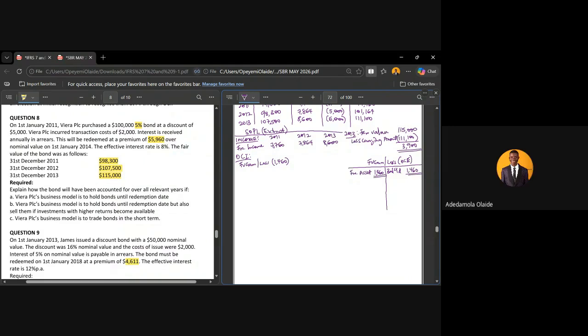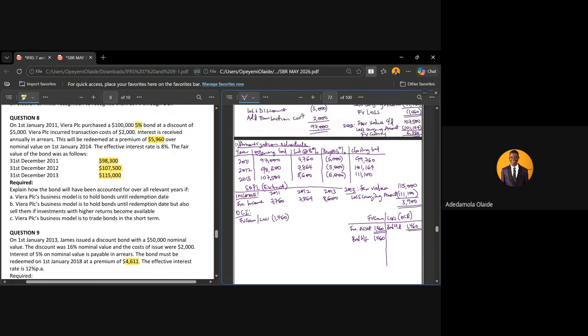In 2012 now, we would have had the balance brought forward on this side, 1,460. And when we now have a fair value gain of 6336, we want to increase our asset by 6336. We would have debited financial asset. The corresponding credit entry will come here, financial asset. How much? 6336.